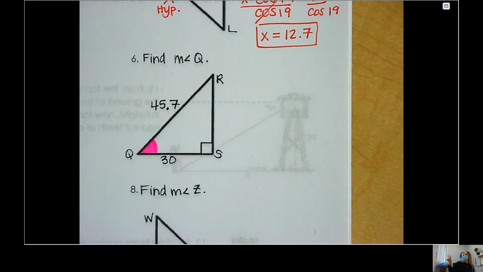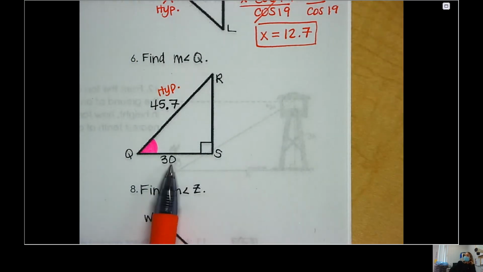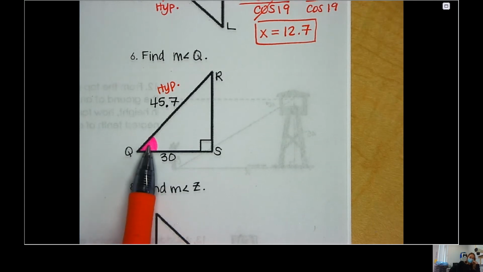Okay, now we're going to label the two sides that are given to me. Is one of those your hypotenuse? Yeah, which one? The 45.7. Good. So this one is your hypotenuse. And then is your 30 opposite or adjacent to this pink angle?